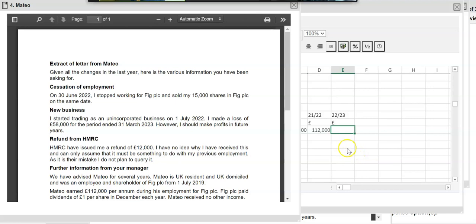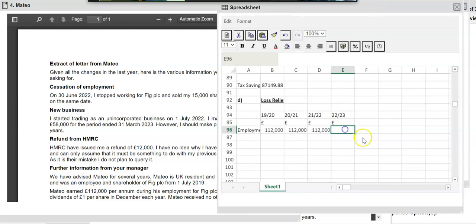So in this tax year, he worked for April, May and June, 3 months. So this one is equal to this into 3 by 12. So that's £25,500.